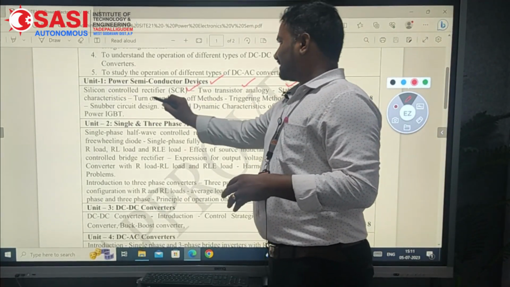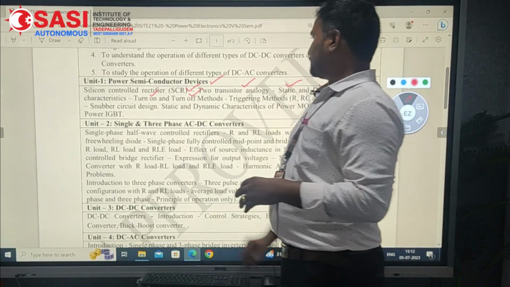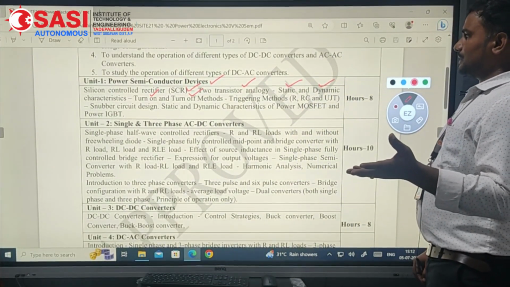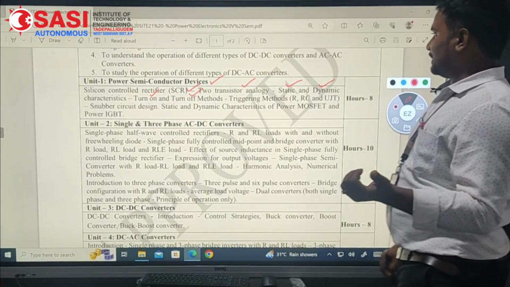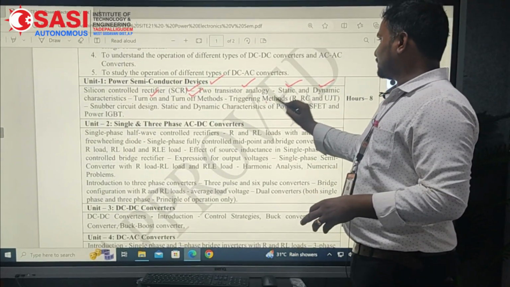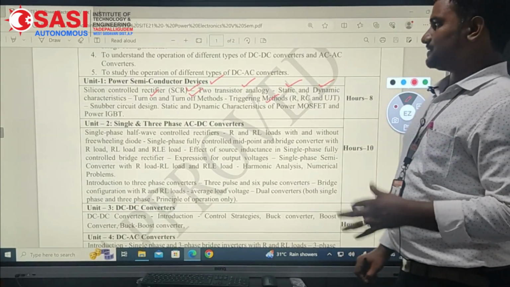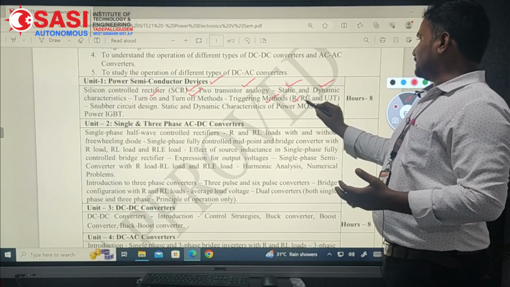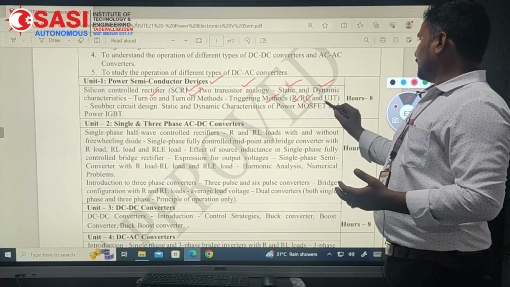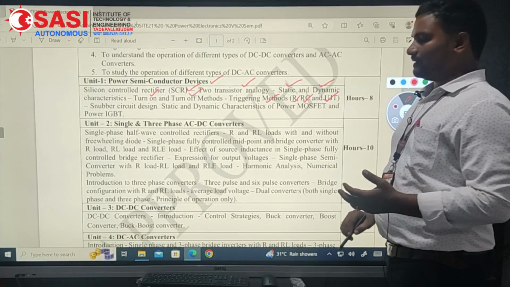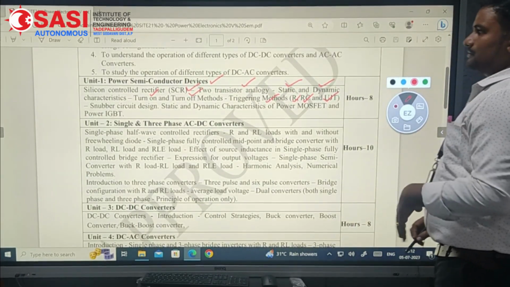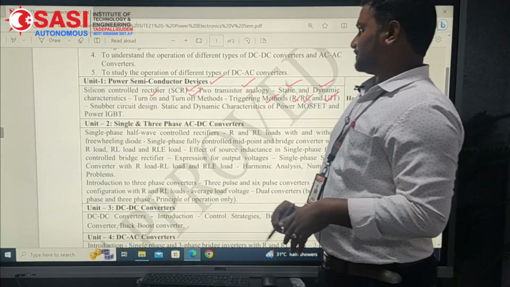In order to get the turn on and turn off operation of the SCR, there are various circuits involved in this silicon controlled rectifier, and there are various triggering methods to turn on the SCR, that is gate firing circuits. Here we can see resistive, capacitive and UJT. All these 3 are gate firing circuits for the SCR switch.